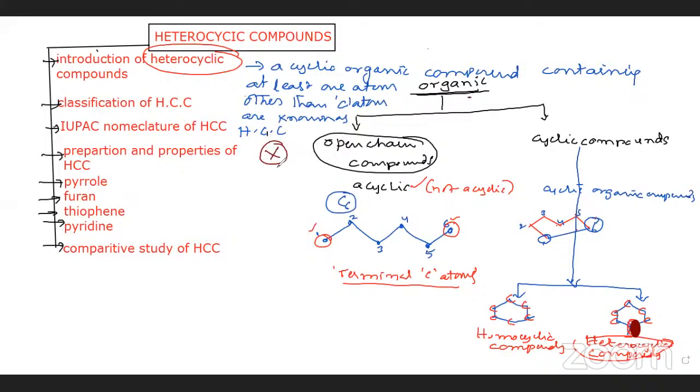Generally the heteroatoms are nitrogen, oxygen, sulfur, silicon, germanium, phosphorus, etc. Of all of these, nitrogen, oxygen and sulfur are the three most important and very common. This is about heterocyclic compounds.